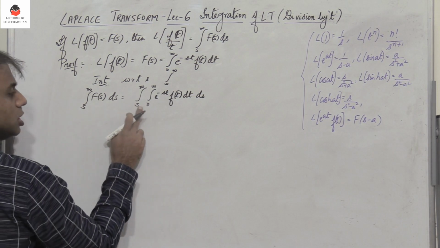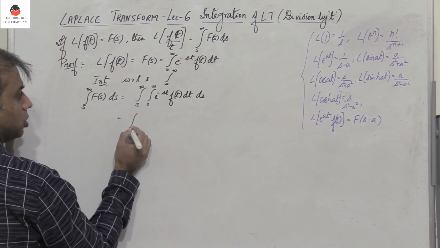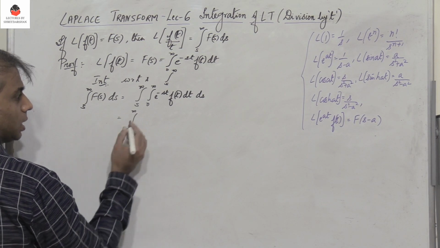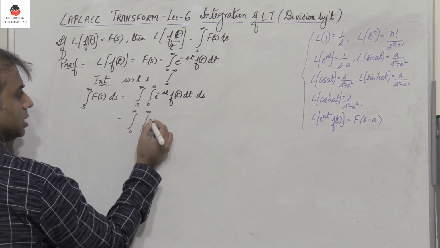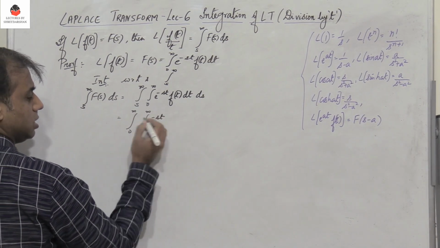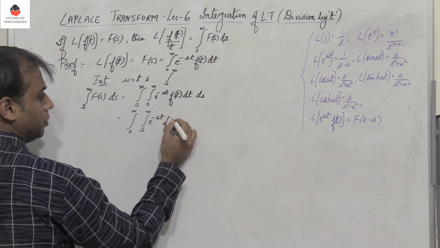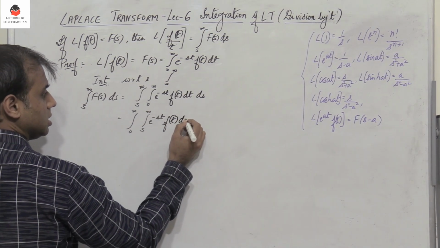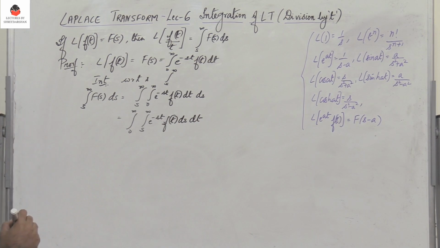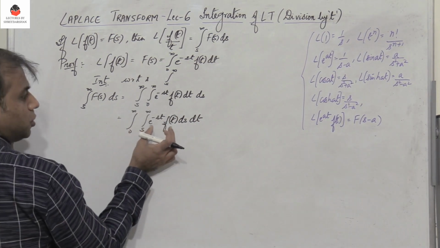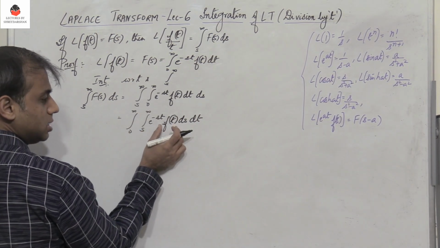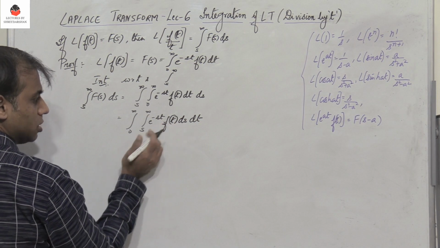Right? So now interchanging the integral, so you have 0 to infinity s to infinity e power minus st f of t ds dt. Right? So of course f of t, there is no s here, so it is almost regarded as a constant.